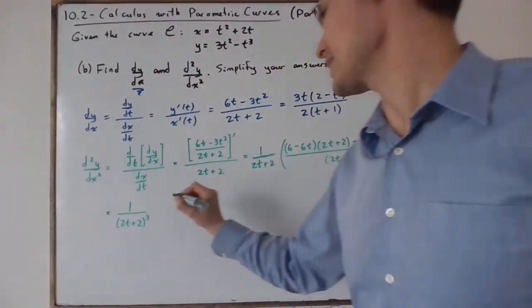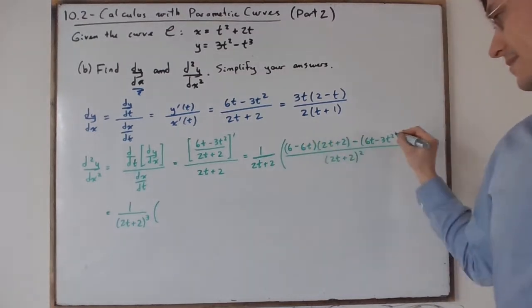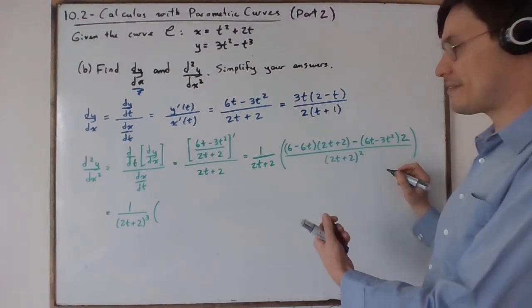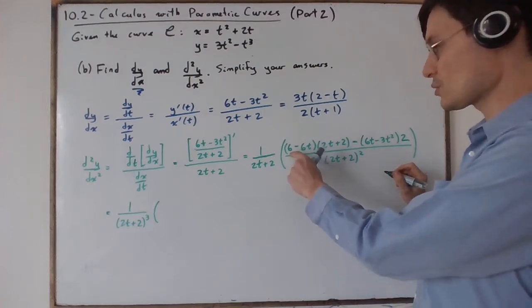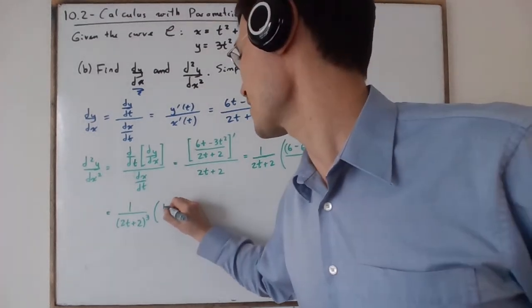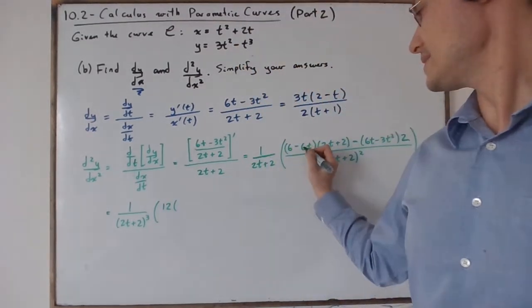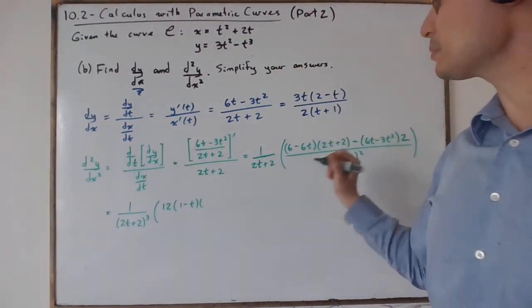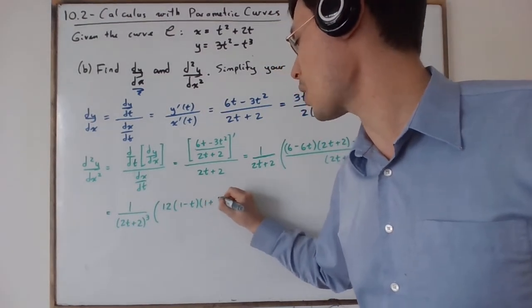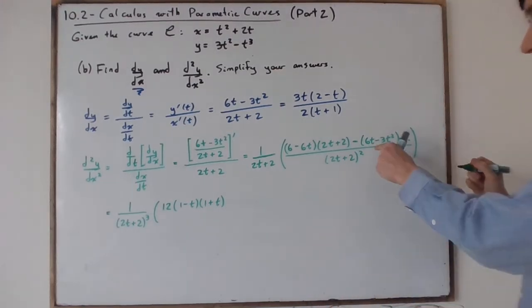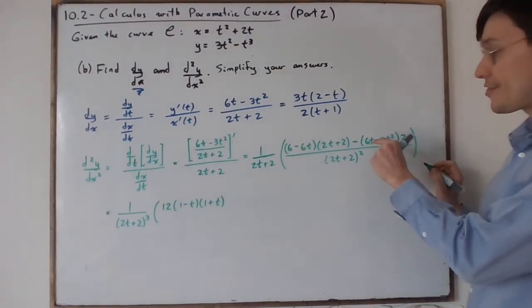Let's focus on the bracket here and factor everything they have in common. The 6 is a common factor, and the 2 is also a common factor, so we can factor out 12. This will be 1 minus t, and this will be t plus 1, but I will rewrite it as 1 plus t, just as a suggestion. Whereas here, you can take out a 3.